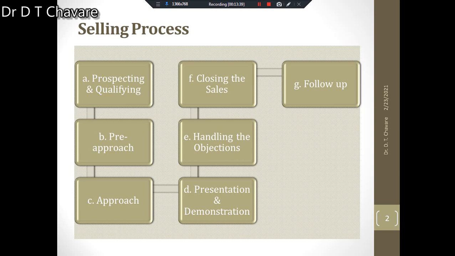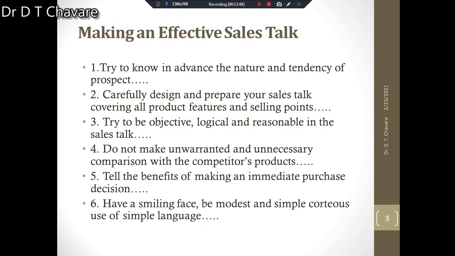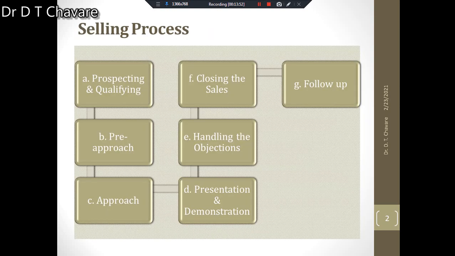Then the next stage is closing the sale. At this stage, the salesman asks the customer for an order. The salesman should recognize the closing signals from the buyers, then sum up and request an order.